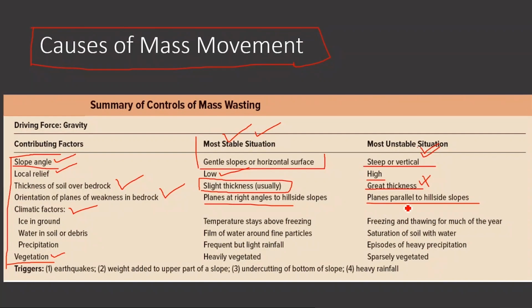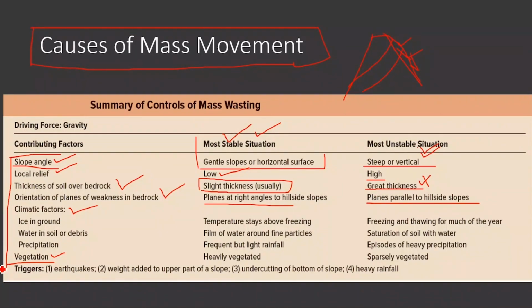But if the planes are parallel to the slope, for example, if this is a hill, and there is a weak plane something like this, then this part is really unstable. But if the weak plane is something like this, then that doesn't make much difference. This is perpendicular to the slope, whereas the first case, what I have drawn, is parallel to the slope. So that becomes a relatively unstable condition.